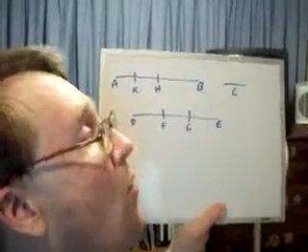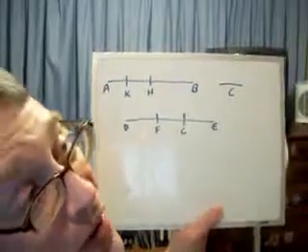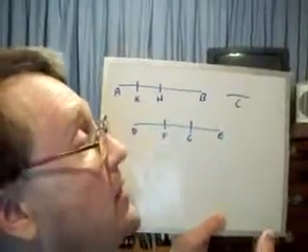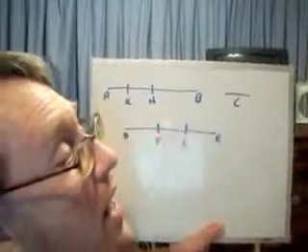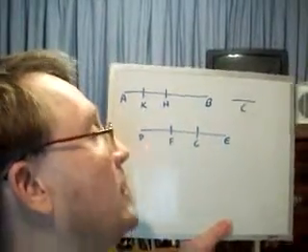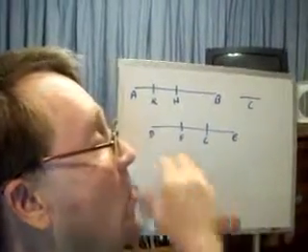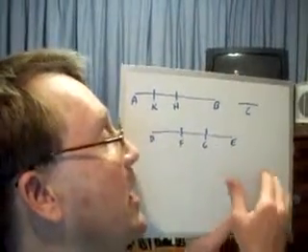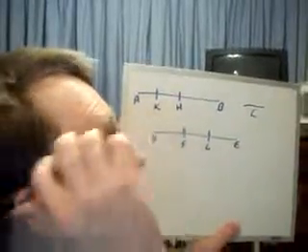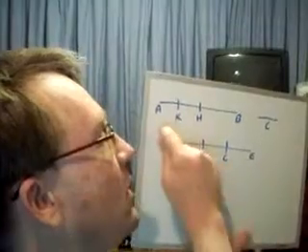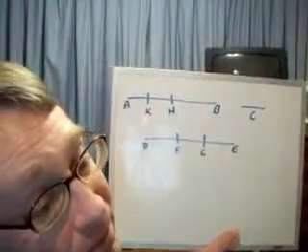Well, 9 is a multiple of 3 because 3 times 3 is 9. And of course, DE is greater than C. In this case, the length of DE is actually going to be bigger than the length of AB. Isn't that nice?